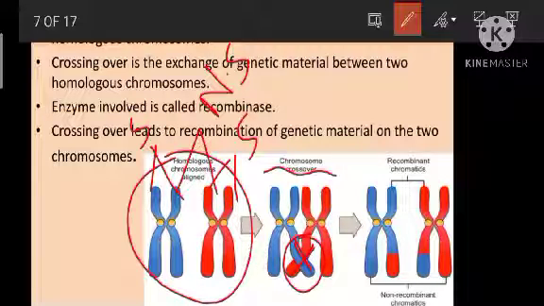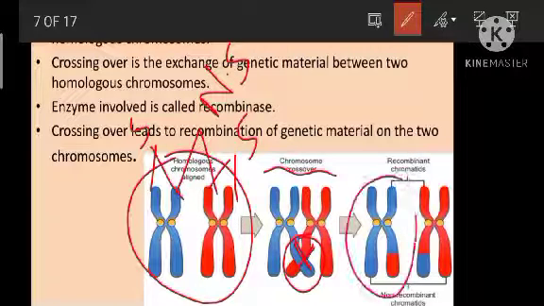This process is called what? Crossing over. And this crossing over is an enzyme mediated process, and the enzyme involved is called recombinase enzyme. It helps in recombination, that's why it is called recombinase enzyme. As a result of crossing over, recombination of genetic material occurs between these two homologous chromosomes. In this last picture, this is a recombinant. Here in the place of blue color, it is red in color. Why?